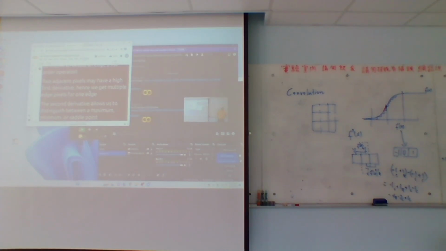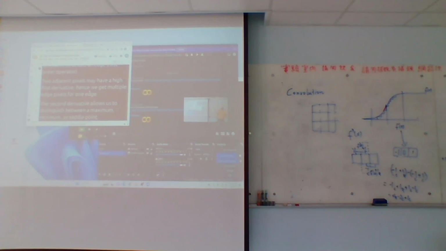Then the first derivative on the maximum point should be 0, so you would look for the 0 points of the first derivative. Once you find those, in order to prove that it's a minimum or a maximum, you still have to calculate the second derivative.